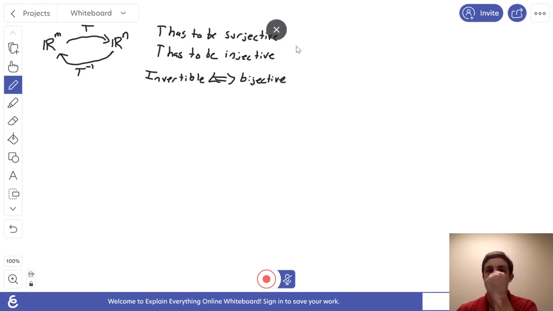I want to make one quick note before we look at an example. When I say T has to be surjective, that tells us a little bit about M and N. In particular, it tells us that M has to be at least as big as N. If the dimension of our domain isn't big enough, we won't be able to fill up all of the codomain.